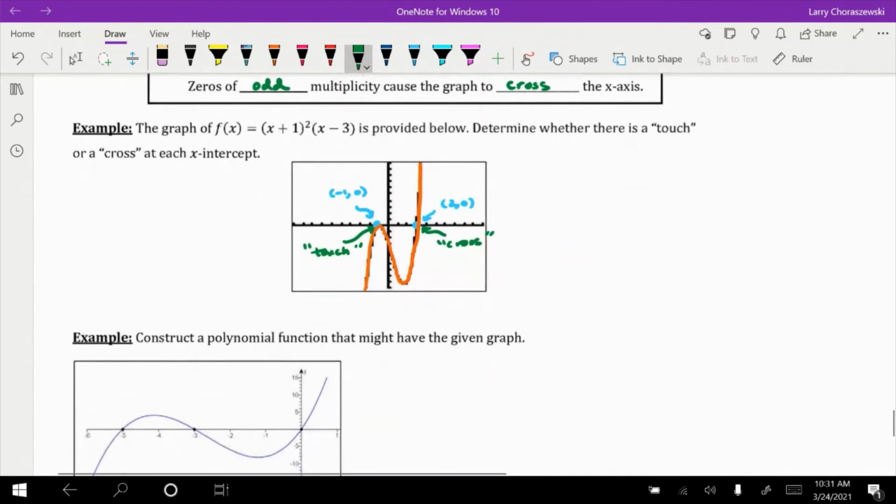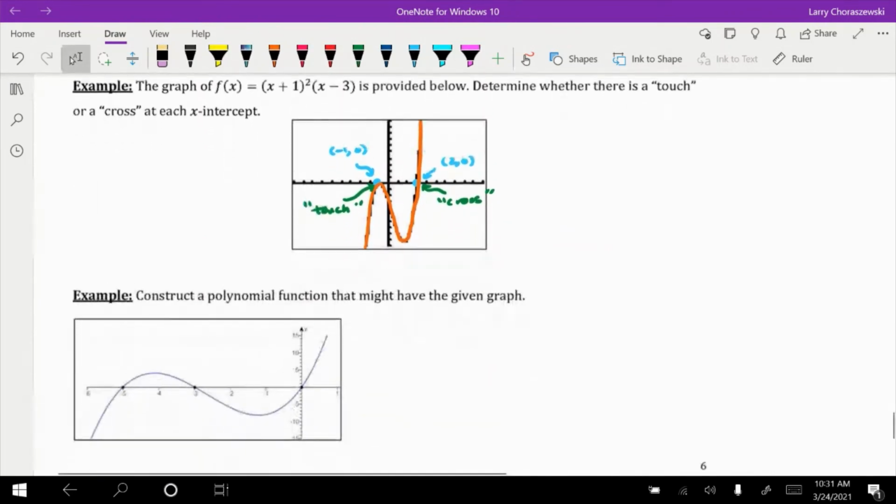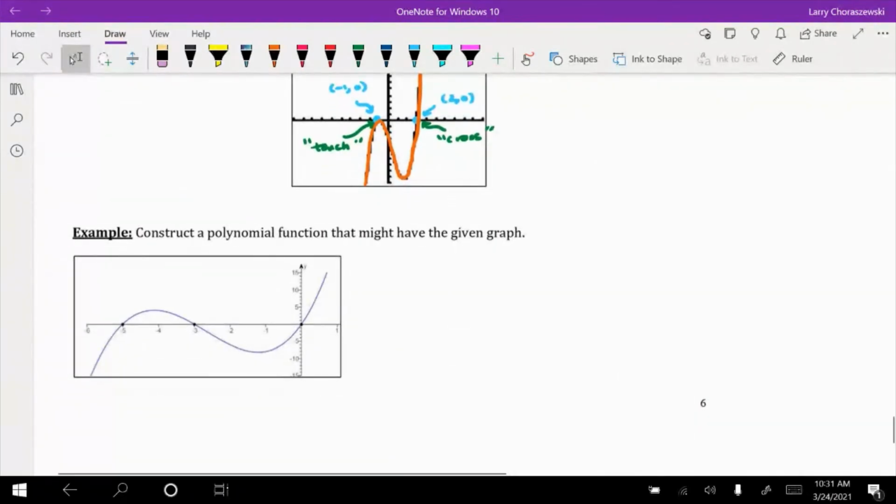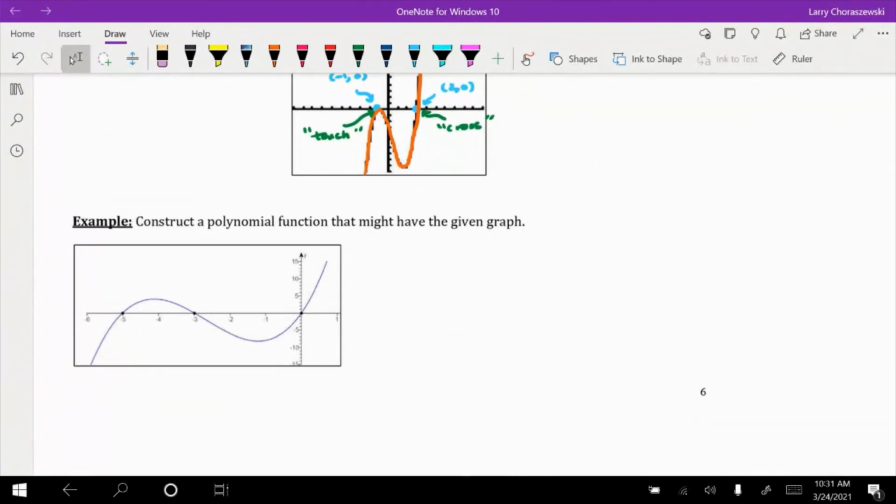Okay, so to the last example of this section, we're going to construct a polynomial function based on this graph. And I'm going to tie a lot of our recent concepts in to help us with this solution.